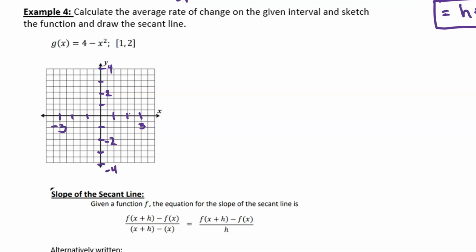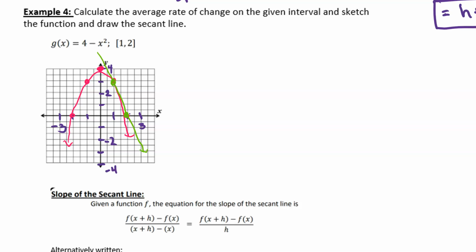So 4 minus x squared is going to have us starting up here when we've got an x of 0. When you have x of 1, you're going to be at 3. You have x of 2, you're going to be at 0. So our function is a parabola that looks like that. And we're looking at the interval 1 to 2. So from 1 to 2, it's from here to here.